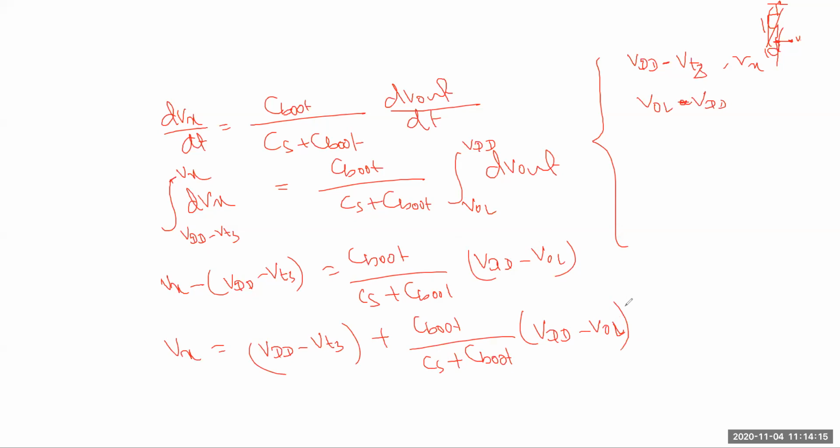So now you can see initially it was VDD minus VT3, and another part is added, which is C boot by CS plus C boot.